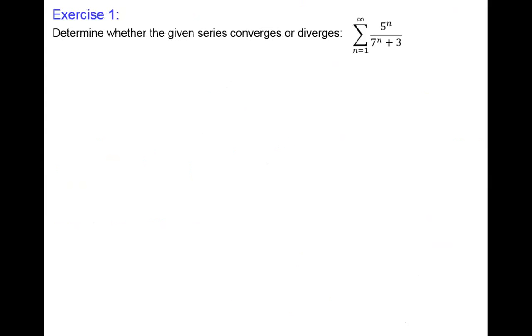Determine whether the given series converges or diverges. Let's see what we have. First of all, let's look at the sequence 5 to the n over 7 to the n plus 3. I will copy this. Plus 3, bigger denominator, everything is smaller.